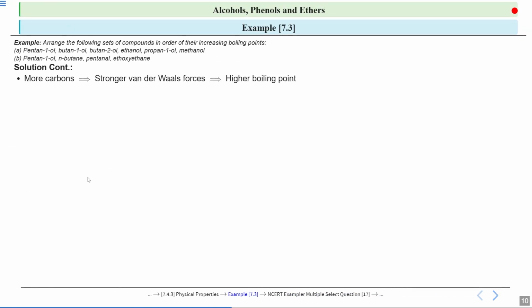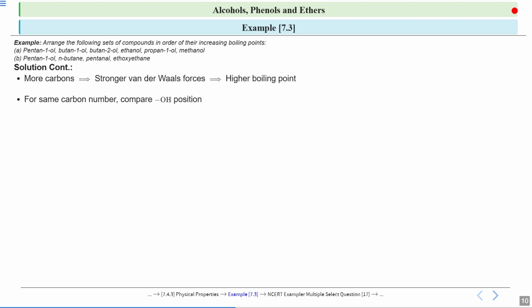Now let us continue the solution. You know that if there are more carbons, then there are stronger van der Waals forces. If the van der Waals force is more, you have to provide more energy for the molecules to separate. So if energy is more, the boiling point will be higher.